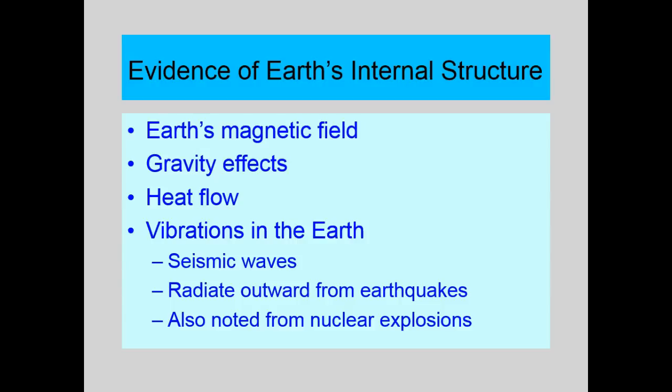These radiate outward from the earthquakes, and here's the other thing. Because of earthquakes, we have a great international system set up for monitoring earthquaking material. And because nuclear explosions are sometimes almost as big as earthquakes, we can tell when someone set off a nuclear reaction by our seismic stuff.